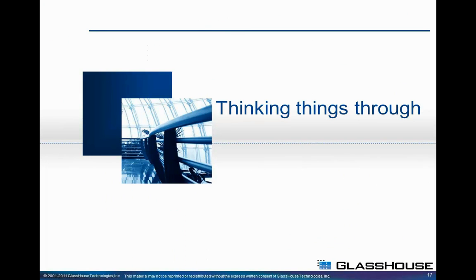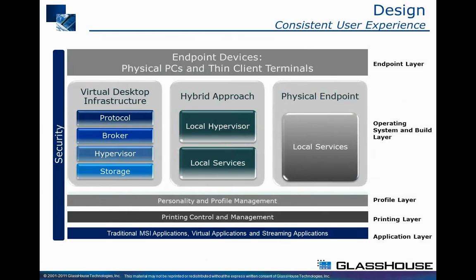Which leads us to thinking things through, and that's really looking at our device, at our users, and defining the different components, what should be used for those users, basically making the technology selection. So in the previous phase, we defined the reference architecture, which is really on a high level, what kind of functionality do we need, and how do these users access this functionality.